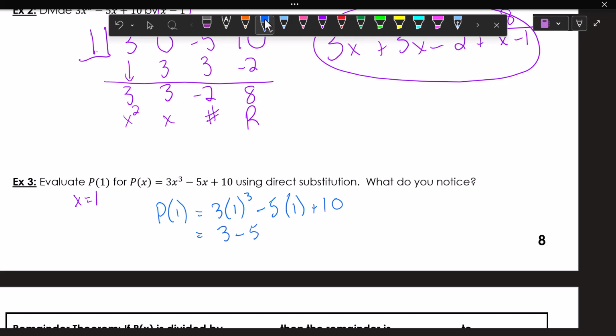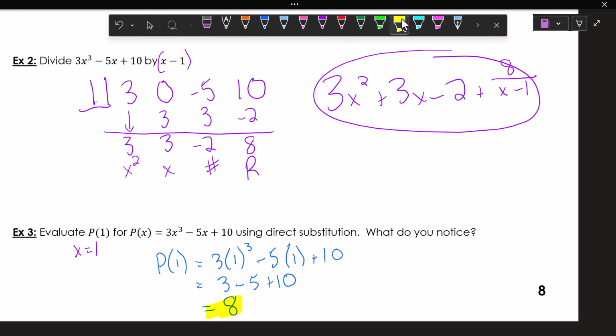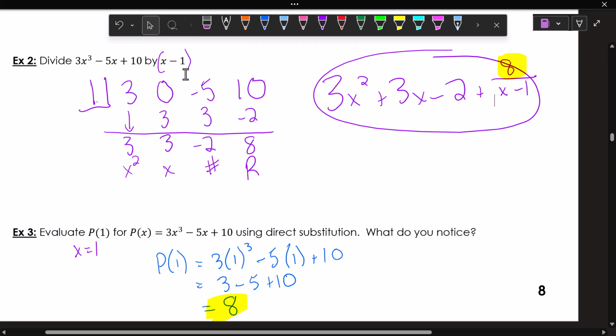Negative 5 times 1 is negative 5. And then we got the plus 10. 3 plus a negative 5, negative 2 plus 10 is 8. Where have we seen that before? Well, we saw it as our remainder when we divided by x minus 1.